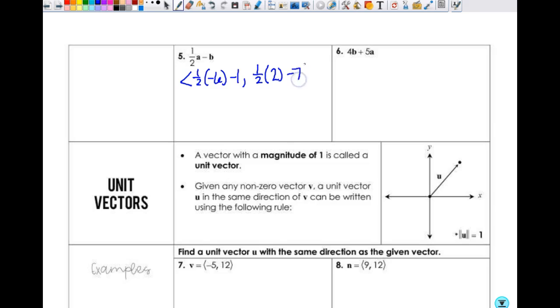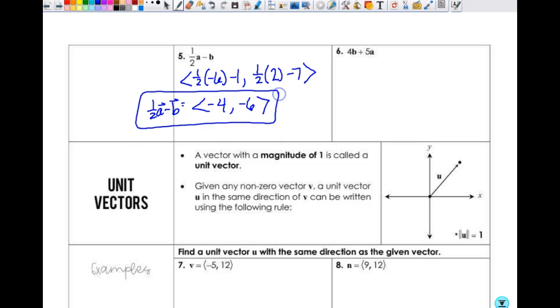All right, so 1/2 times a negative 6 is negative 3, minus 1 is negative 4. So this 1/2 A minus B equals negative 4, and then 1/2 of 2 is 1, minus 7 is negative 6.